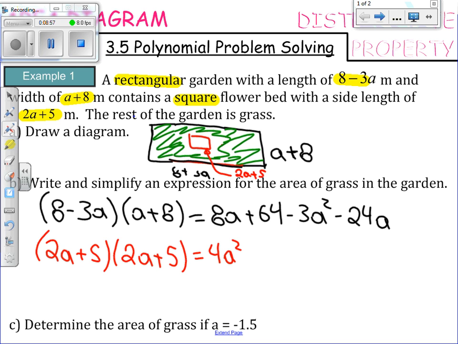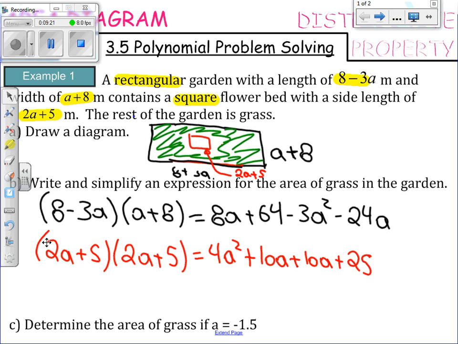Nope, 20. 10a plus 10a. And the last is going to give you plus 25.